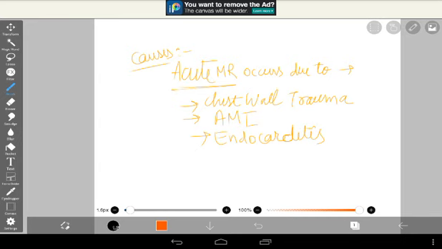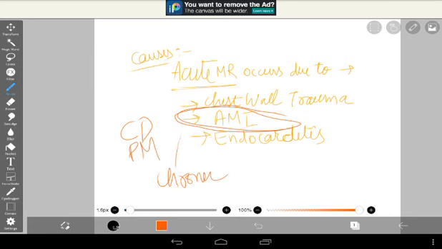As you can see, chordae tendineae rupture and papillary muscle dysfunction come up in both the chronic and the acute case, so a proper distinction can't be made, but a little bit we can say.